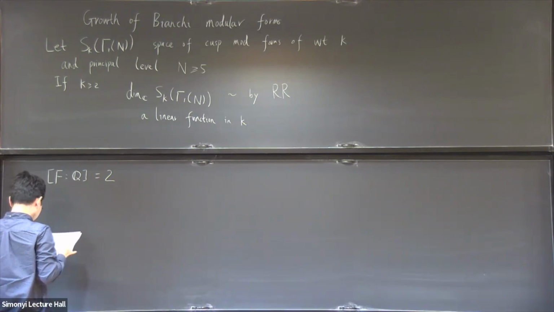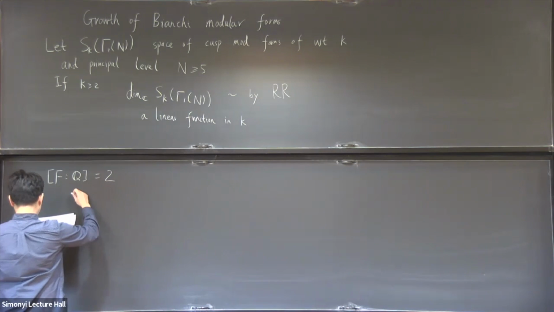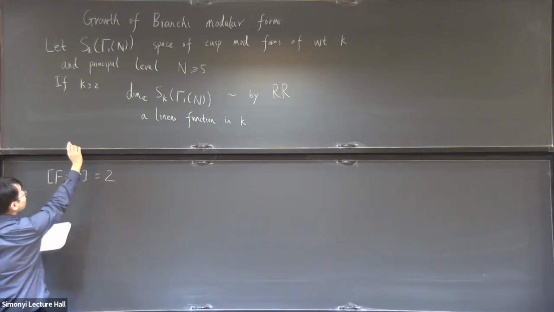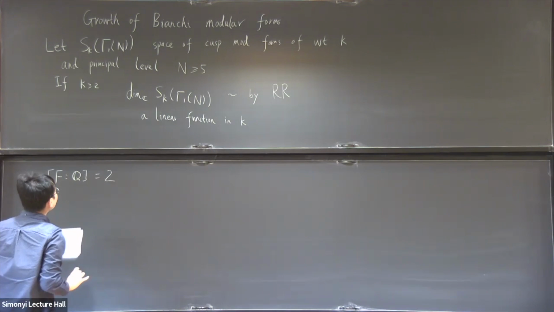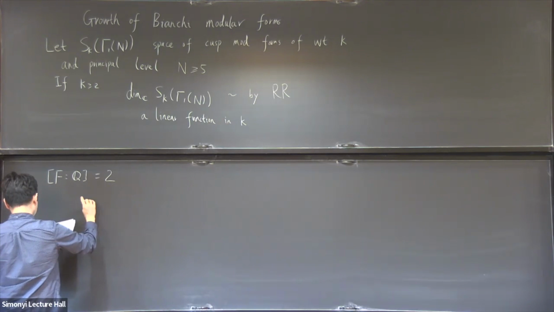In this situation, the space of cusp modular forms are indexed by two integers instead of 1 integer.